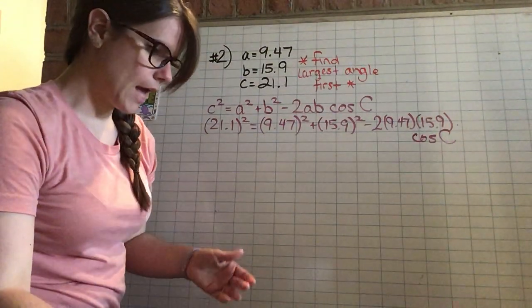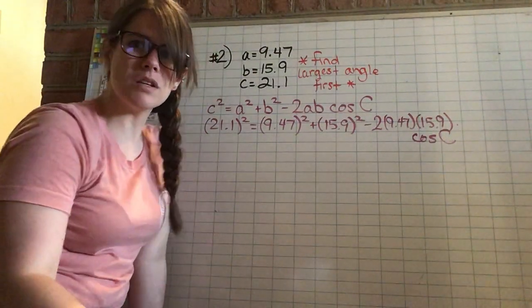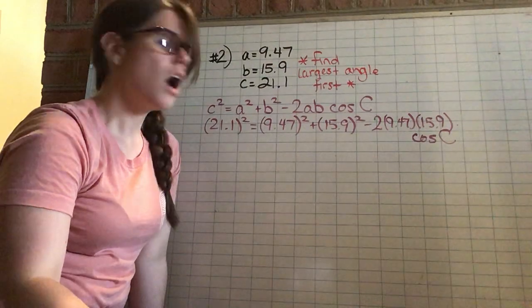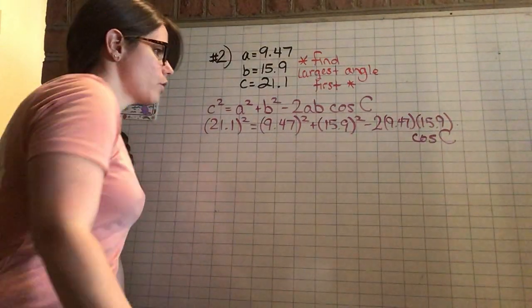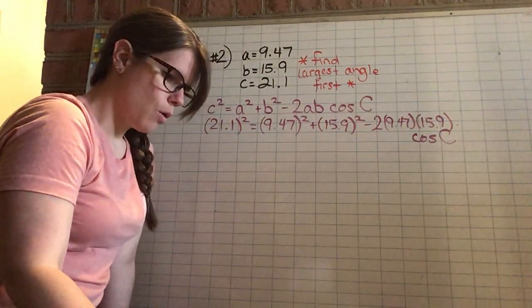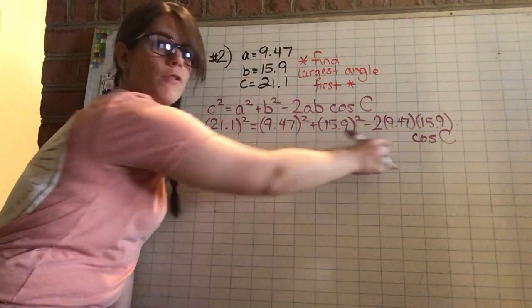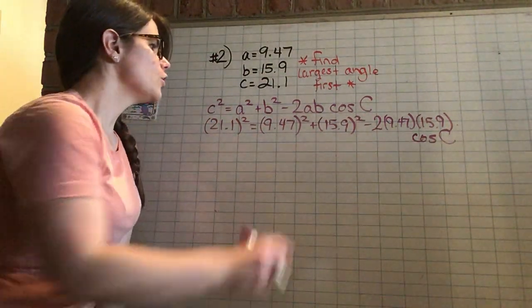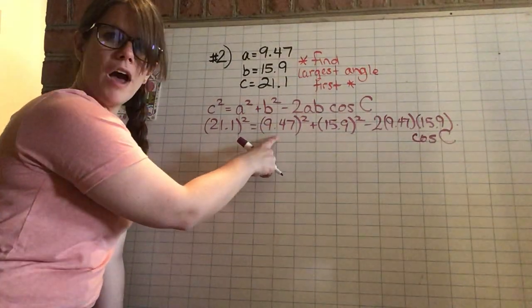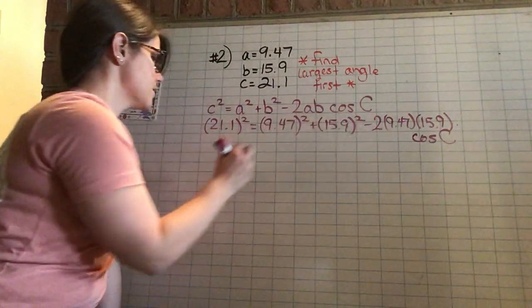Again, a lot of calculator work, so please be careful how you do this. I typically will move things around. You would need to solve for cosine of C. You would need to subtract these two values, then divide by this one.